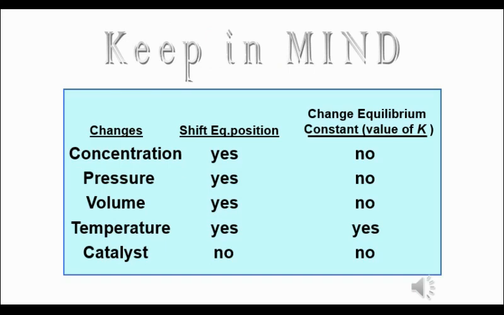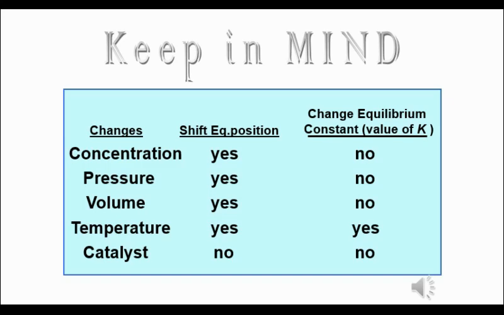Here is the summary of what we already looked at in previous slides on Le Chatelier's principle. Changing the concentration will shift the equilibrium position, yes. However, it will not change the value of the equilibrium constant.